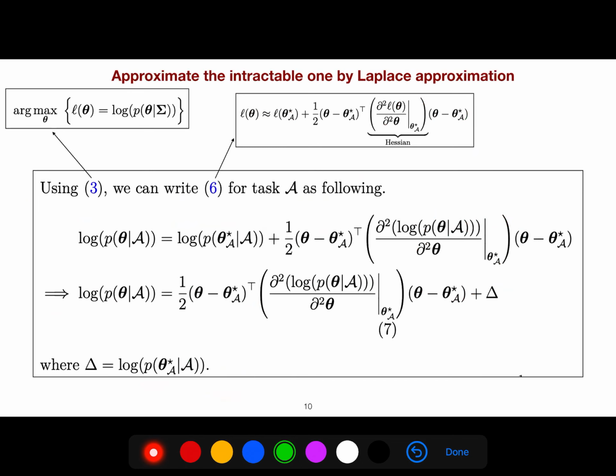So if you combine equations 3 and 6, you will see that you can write log of p theta conditional A like this. So we can conclude that p of theta conditional A is just this term.